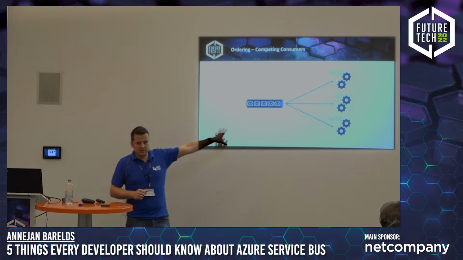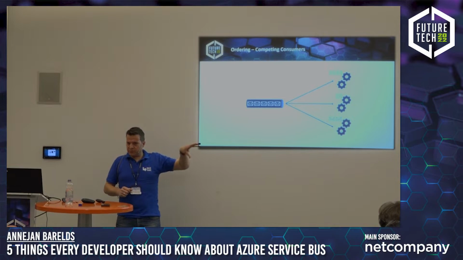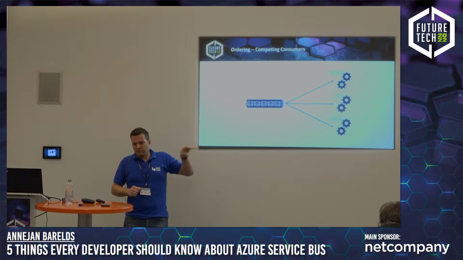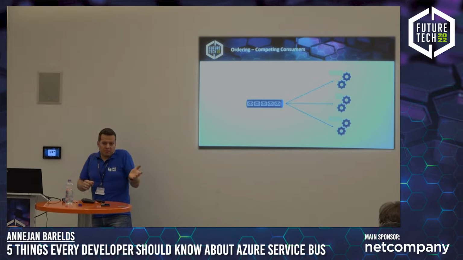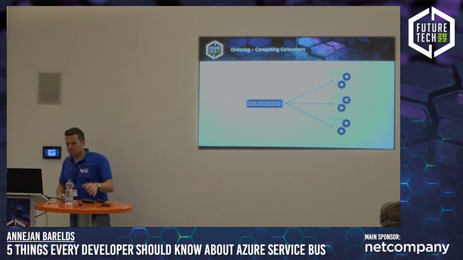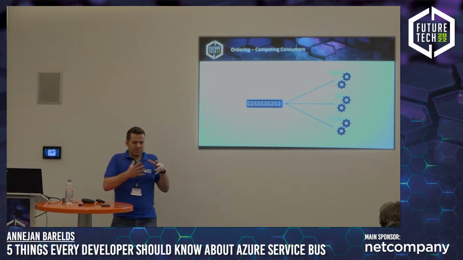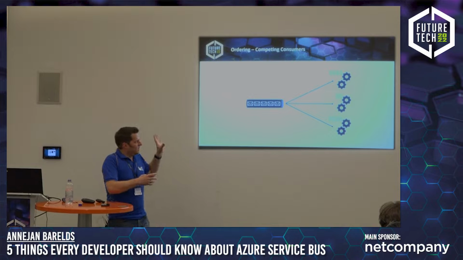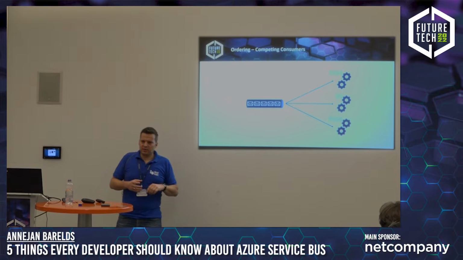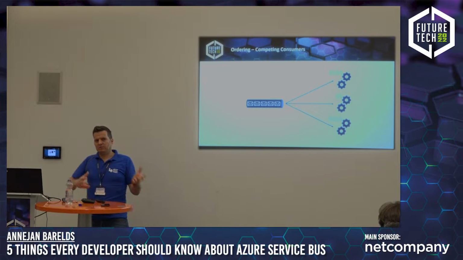So maybe the top processor picks up the first message, but immediately after that, the second processor picks up the second message, and that may finish earlier than the first message. And that's what gives you scale. Having this means that you can shove a whole lot of messages in there, and they will be processed by 16 processors. If you scale out your function app, maybe it's going to be 32 or 64 or something.